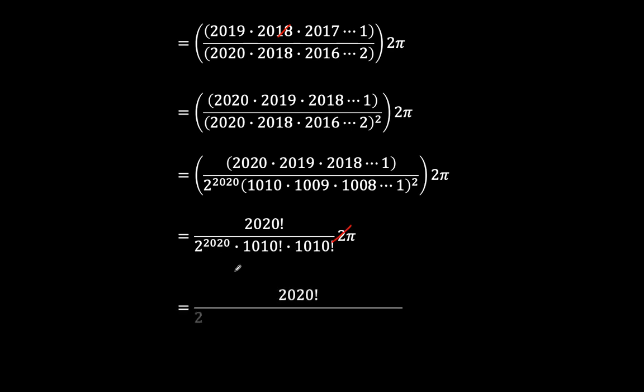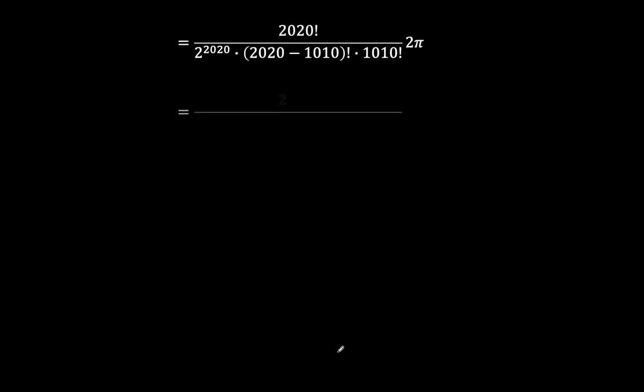So we have 2020 factorial over, instead of 1010 factorial, we have 2020 minus 1010 factorial. So we're trying to build what we call a binomial coefficient there.